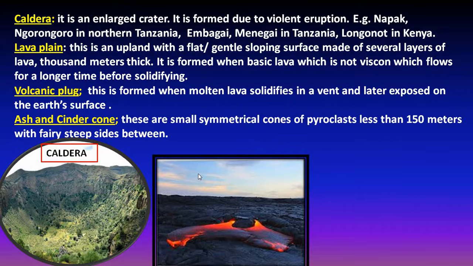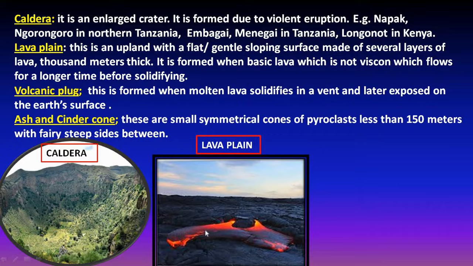Then next is the lava plain. This is lava which has been flowing for a long distance. And this type of lava is known as basic lava. Here, this one has not yet cooled down.